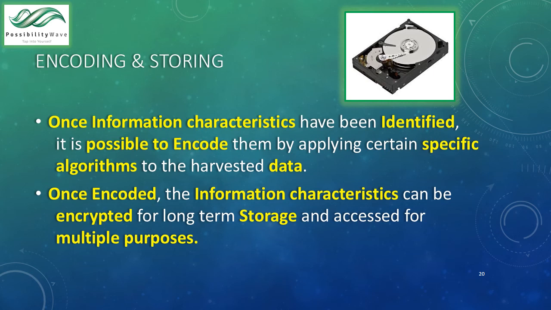Along the same little mini task right now of recapping, we know that not only is it possible using applied energy processes to identify the information characteristics of an item, but we're also capable of encoding this information. We take certain specific algorithms, and you will recall that we'll target certain aspects of the behavior. Remember that diagram from segment number 1 where we might choose amplitudes, we might choose slopes, we might choose frequencies, we might choose the rate of change between one and the other. We make that decision, and that's all okay.